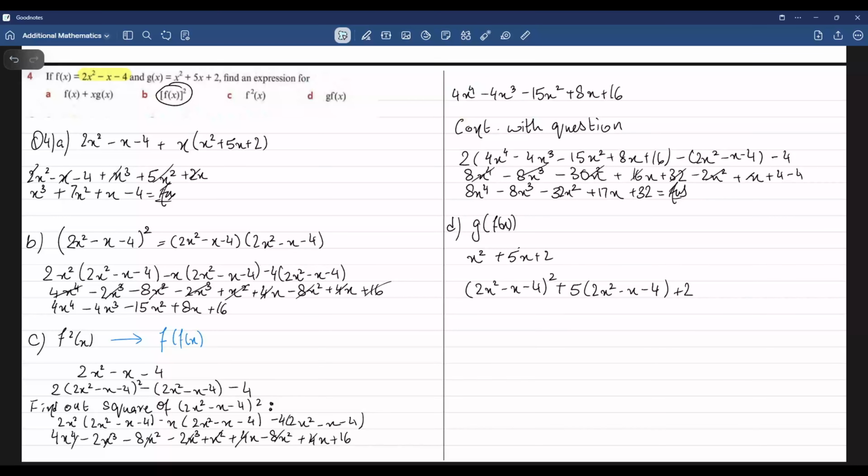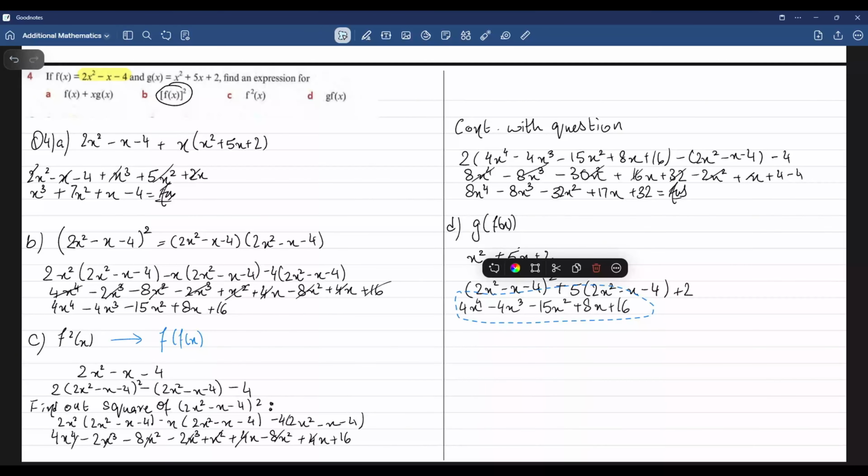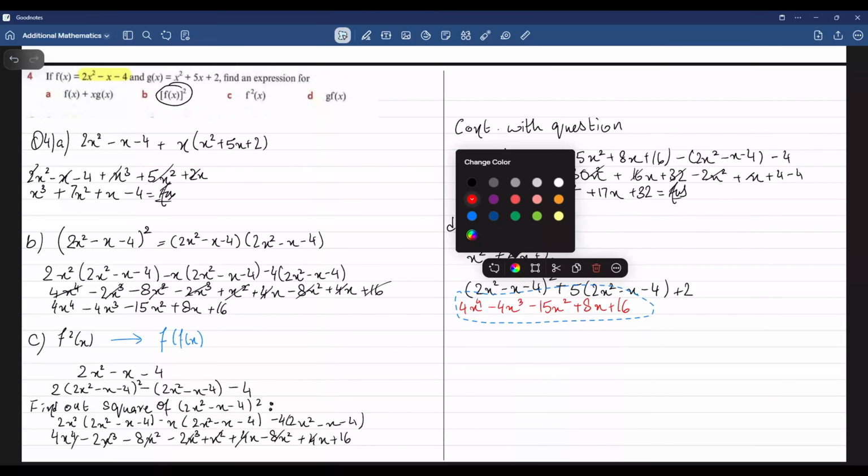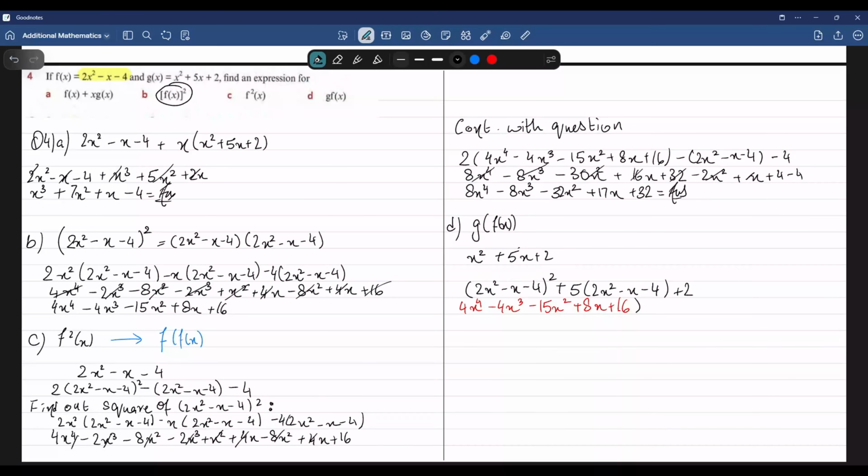So we'll just take this up and we can say it is equal to 4x raised to power 4 minus 4x cubed minus 15x squared plus 8x plus 16, plus 5 multiplied by 2x squared, which is 10x squared, minus 5x minus 20, plus 2.